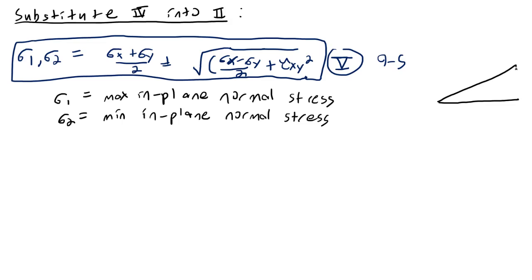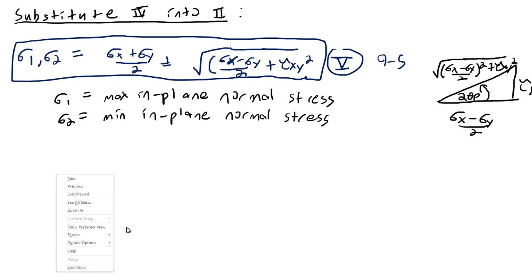And thus, we can have sigma x minus sigma y over 2 and tau xy. And so we have this here and this here, and our angle here is 2 theta p. This is a showing of the geometric relationship between all of these: sigma x minus sigma y over 2 squared plus tau xy squared, just done via the Pythagorean theorem.